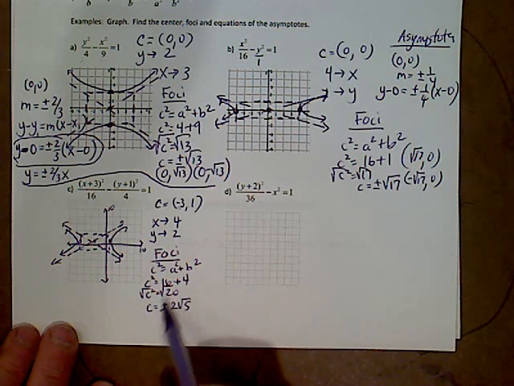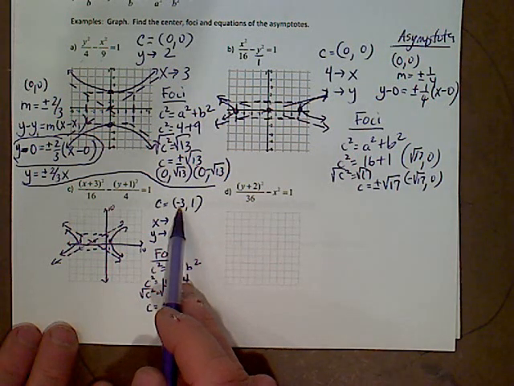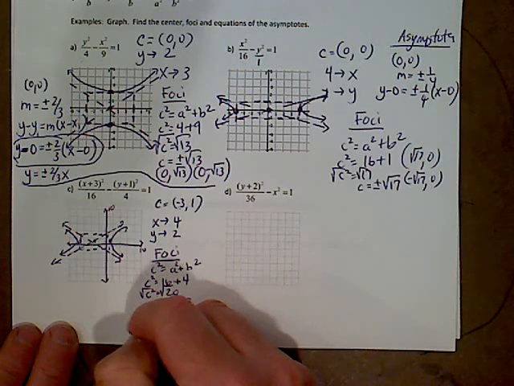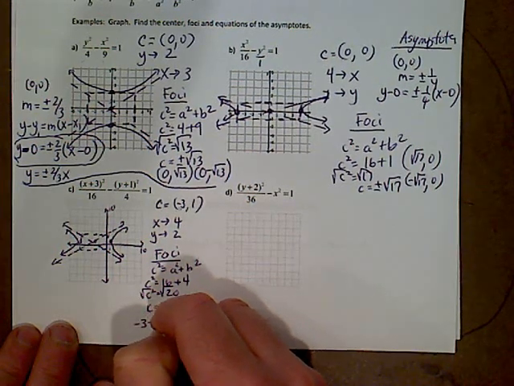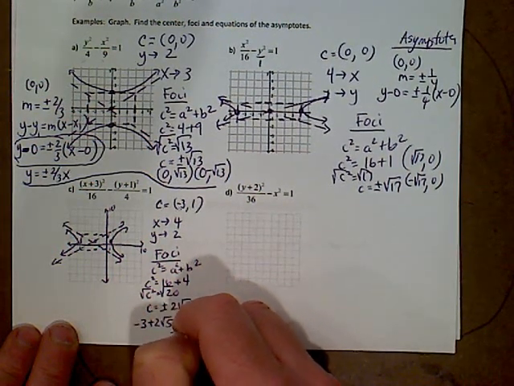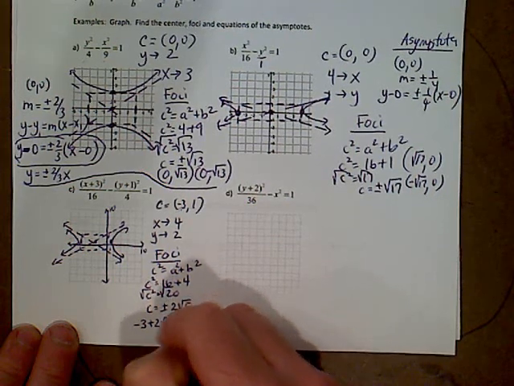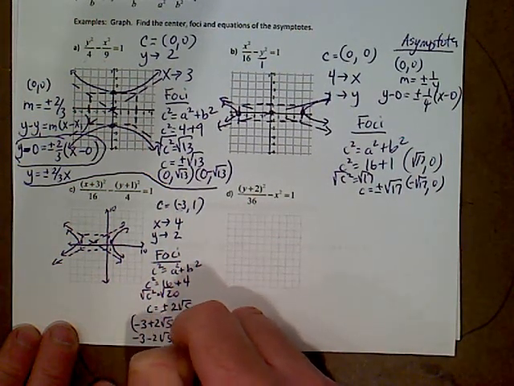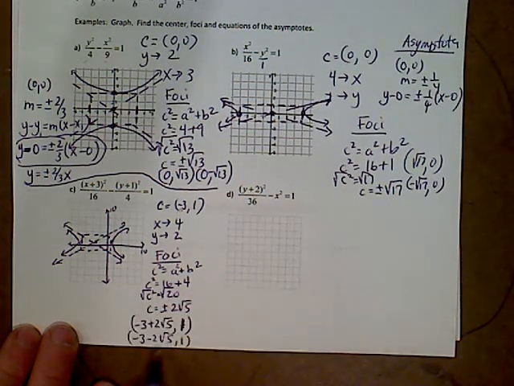But anyways, we're going to add and subtract to the center where the branch is open by whichever one is first. So this is going to be -3 plus 2 square roots of 5, 1. And then -3 minus 2 square roots of 5, 1. We're adding and subtracting that to the center where the branch is opened.